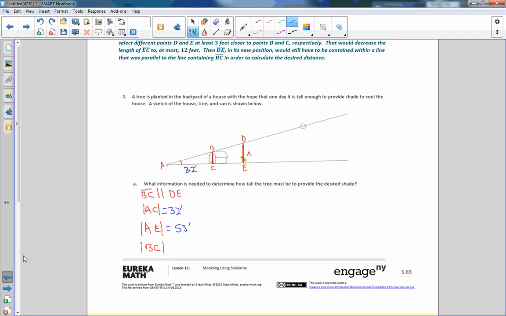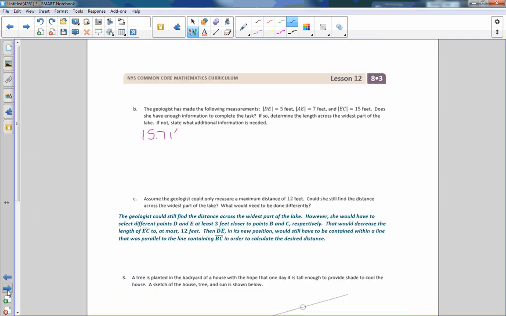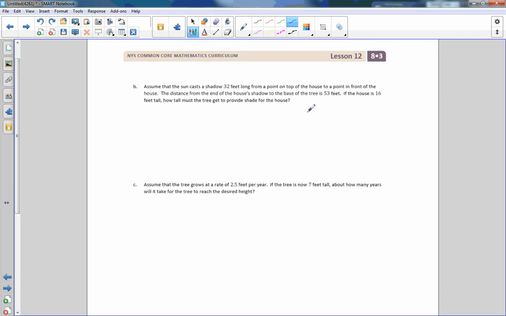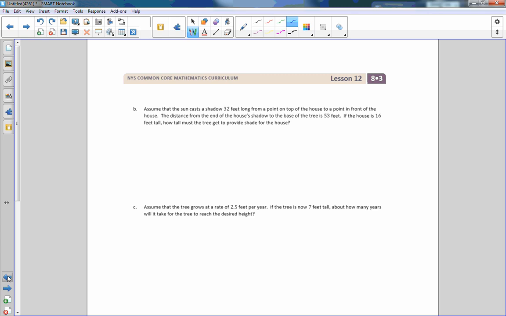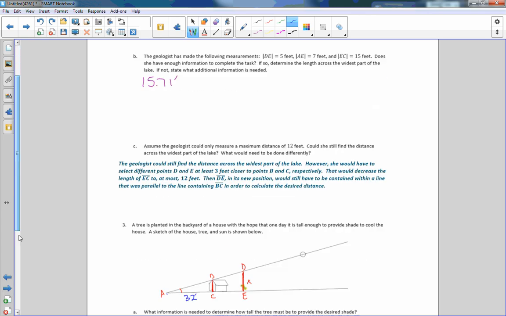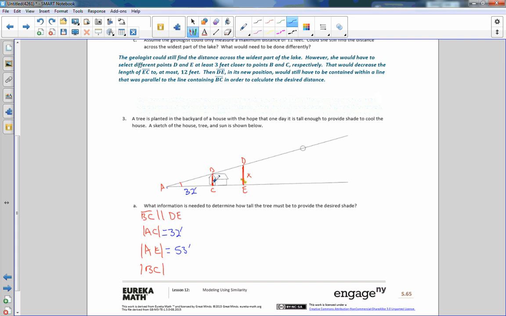And finally, it says, if the house is 16 feet tall, how tall must the tree grow? So the house is 16, so BC equals 16 feet. So this is 16, and this whole shadow here is 53 feet.